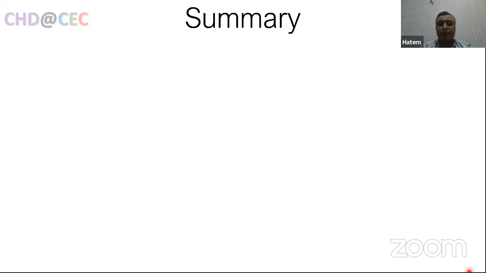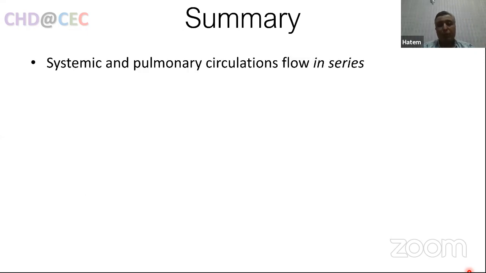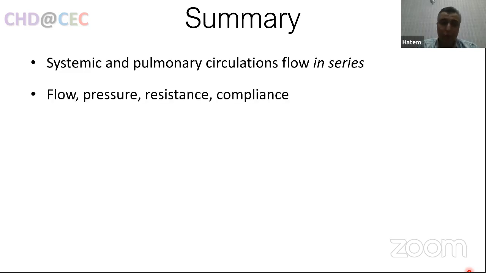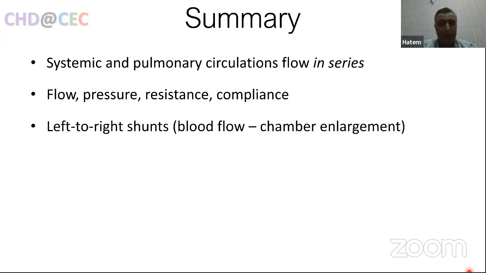So in summary, we've talked about the systemic and pulmonary circulations. And we have agreed that in normal persons, systemic and pulmonary circulations flow in series. We've talked about flow, pressure, resistance, and compliance. We've talked a lot about left to right shunts, mainly ASD, VSD, and PDA. Talked about how the blood flows and the resulting chamber enlargement.